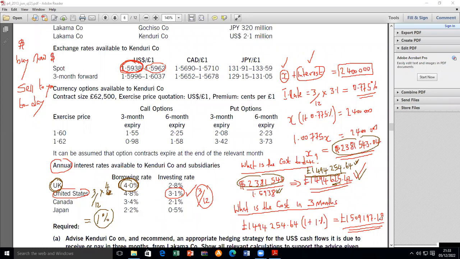So this is the cost of this transaction. That's how much this transaction will cost us.